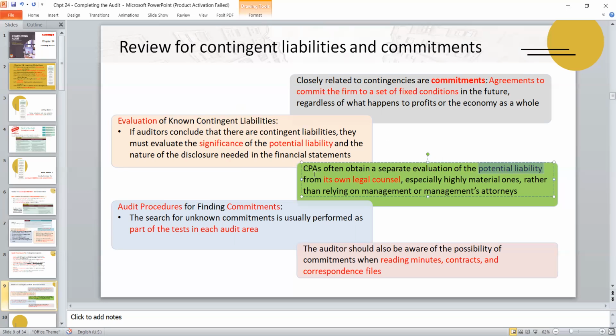So if the client has a litigation issue, besides the client's own legal counsel and attorney, the CPA often checks the litigation issue with their own legal counsel. It is a kind of independent check, an independent review of the litigation issue, especially for the highly material ones, rather than relying on management's attorneys.